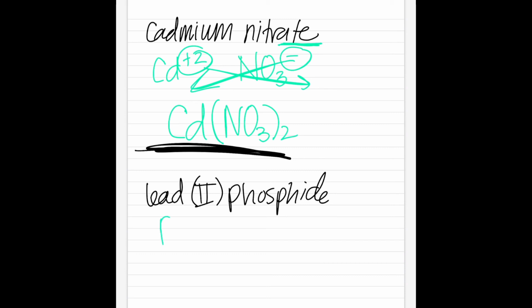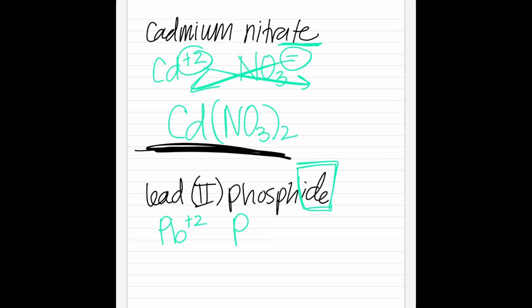Lead 2, that's going to be Pb plus 2. Phosphide, that one I don't have memorized. Hold on. Where's that at? There it is. Oh, I do have that one memorized. I was thinking phosphate. So phosphide, if you see the ending IDE, that means it's on the front side of the periodic table.